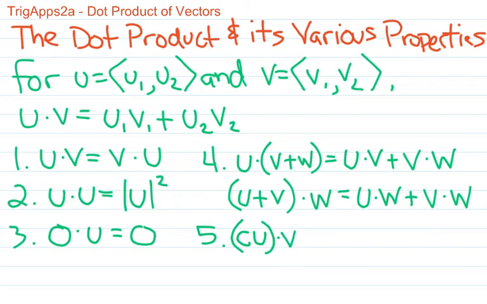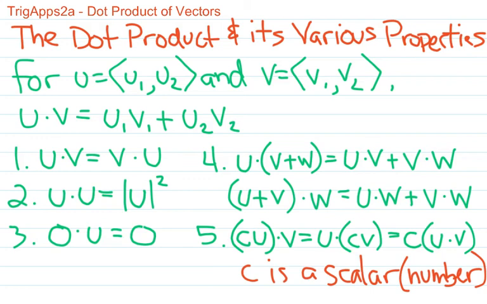That vector is being scaled up, so cu dot v equals u dot cv, which is also the same as c times u dot v. And like I said, c is just a scalar. It's a number. It's kind of dilating the vector, if you want to say it like that. So those are all the properties.